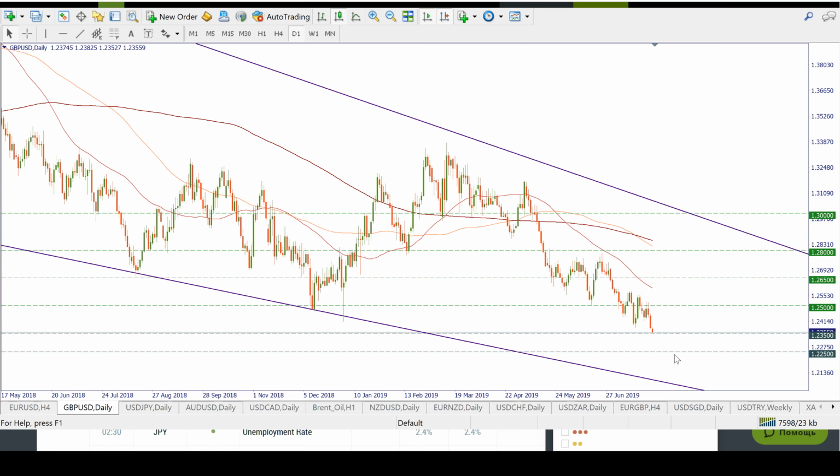So the odds that it will decline below 1.2350 are significant. Levels at 1.23 and 1.2250 will be the natural next targets for such a move.